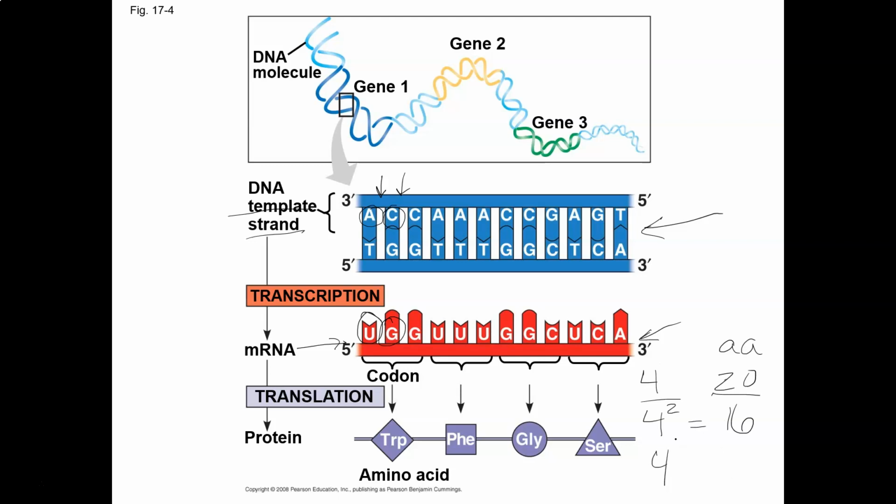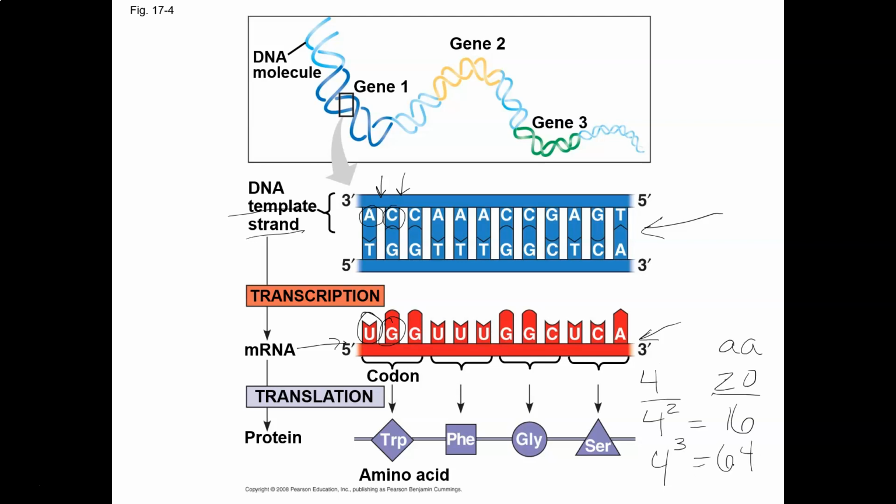So what about groups of 3 nucleotides? If you have 4 different nucleotides, how many combinations of 3 can you have? Like UUU, GGA, AGU, and so on. So 4 cubed, 4 times 4 times 4 is 64.